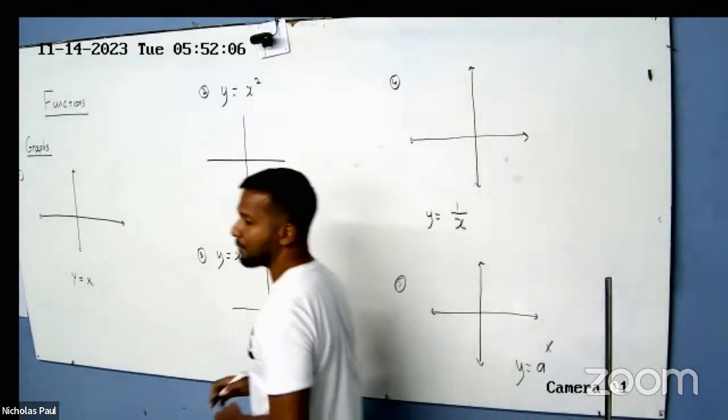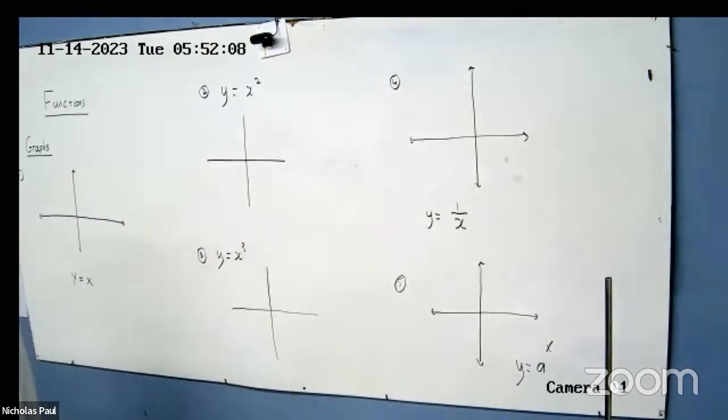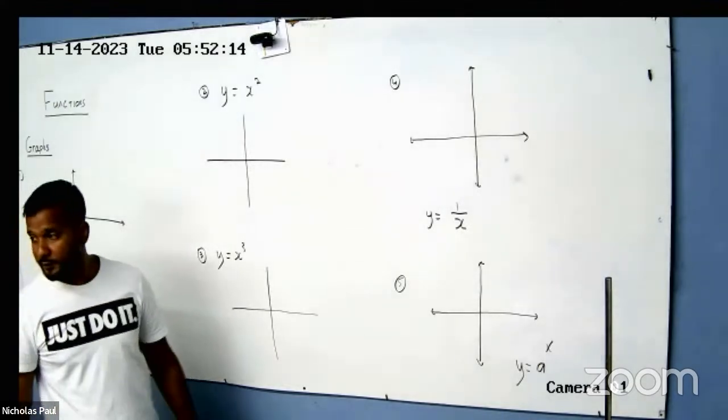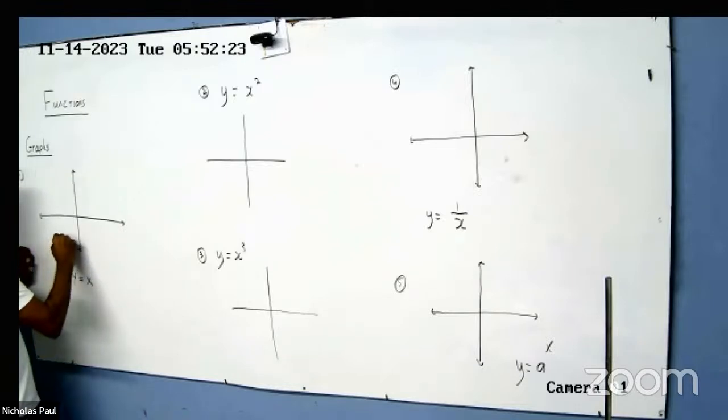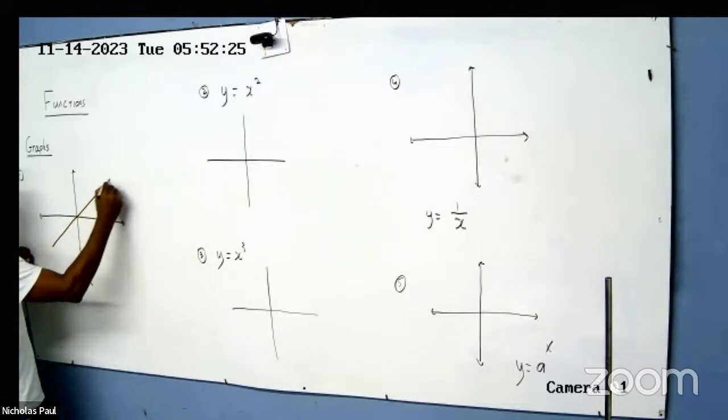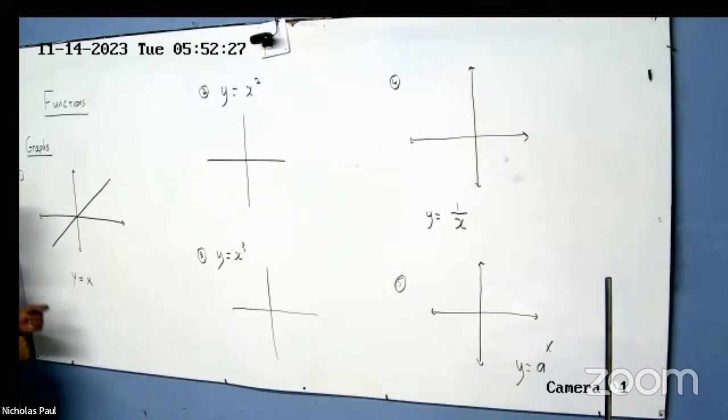These are some graphs that we should know, and all the other graphs that we're going to sketch come from these graphs here. So let's see if we can sketch them. y equals x. How does that look? A straight line to the origin, right?